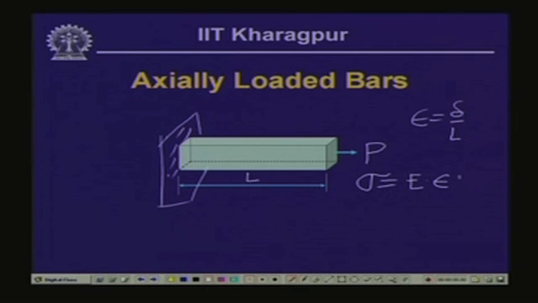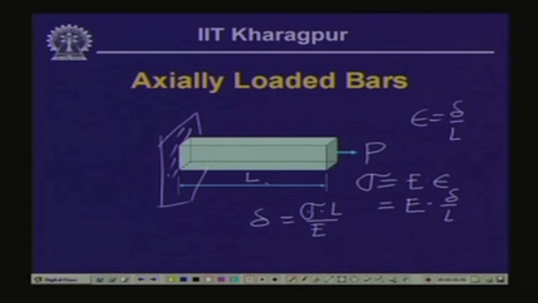So, in place of epsilon we can write this as E times delta by L. Hence, from this expression we can write the deformation delta is equals to sigma times L by E.